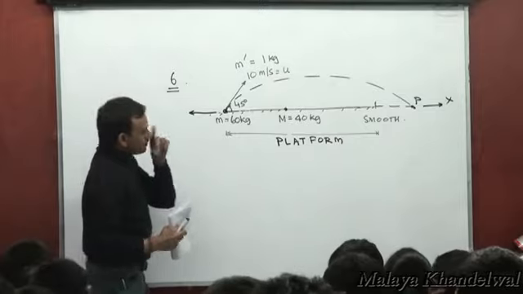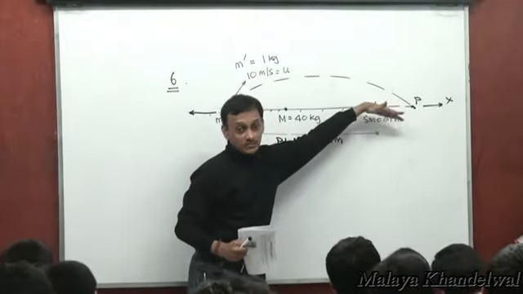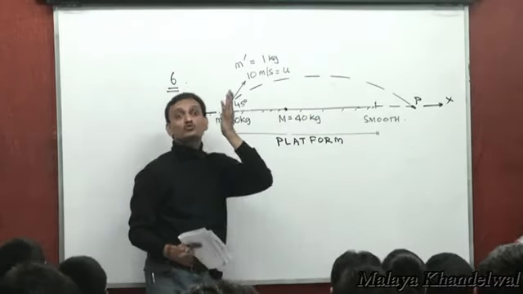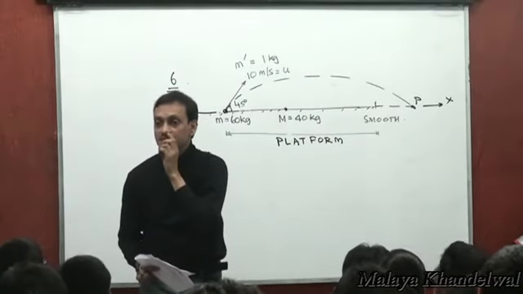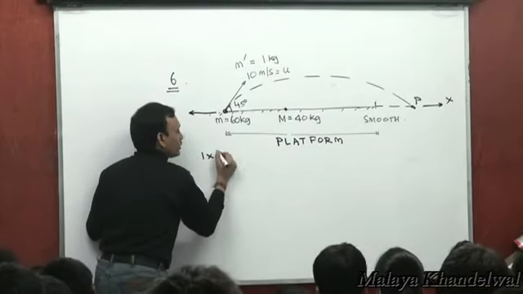See, reason being, there is an increase in mx in this direction because the stone lands somewhere there. So then there must have been mass m plus capital M moving in this direction so as to counter that increase in mx, right? Now, what's the increase in mx in this direction? 1 kg stone into the range of the projectile.